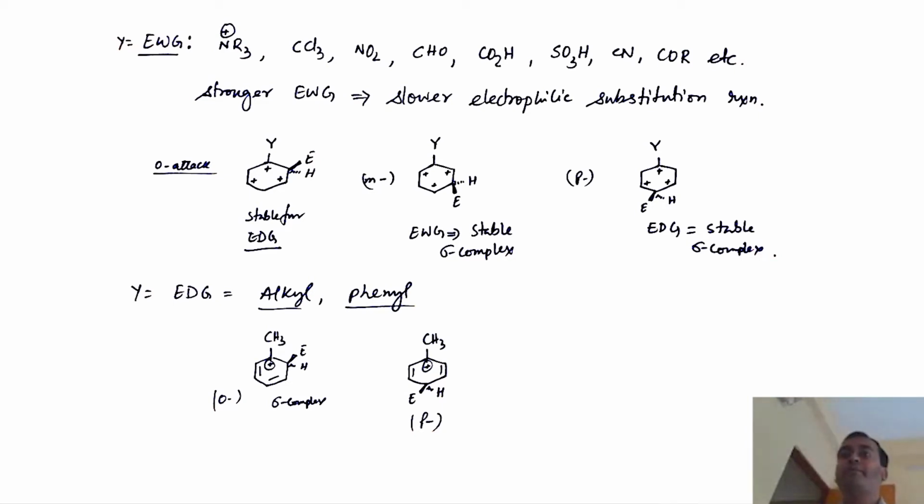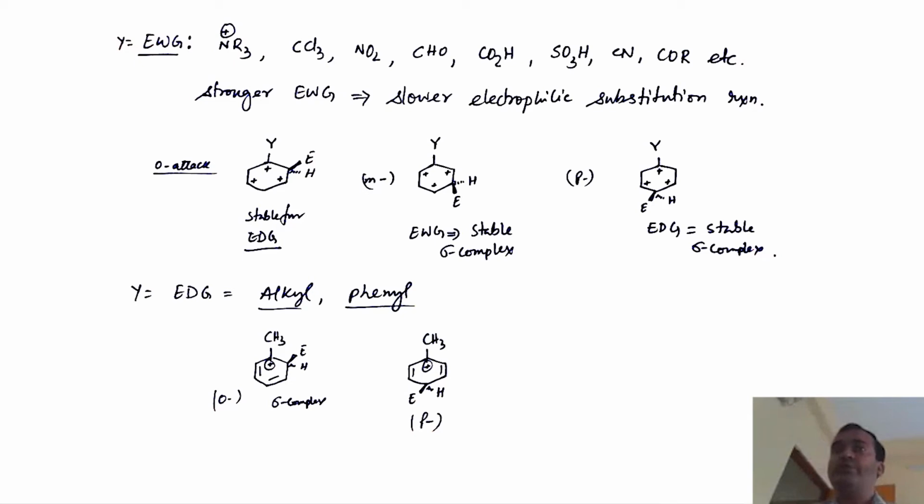Sir, can you explain that NR3 plus and NO2 comparison again? Yeah. In one case, NR3 plus has an actual positive charge, and NO2 has a formal charge. Because in NO2, if you draw the structure, N will have a positive charge and the two oxygens will have the negative charge. So it has a formal charge.